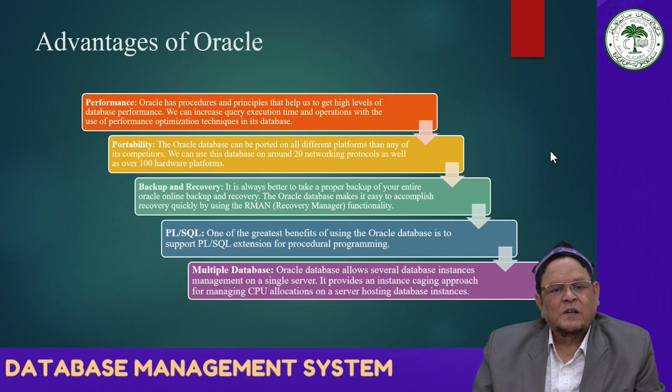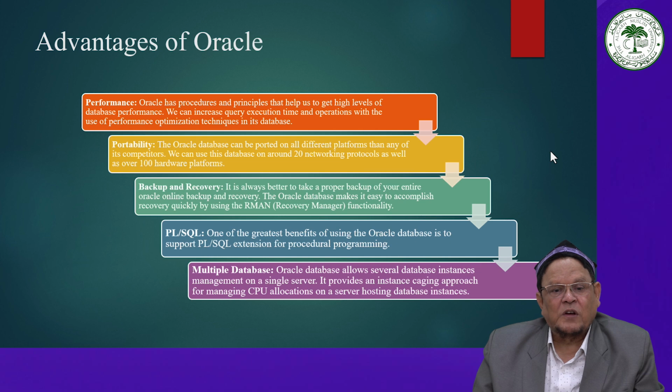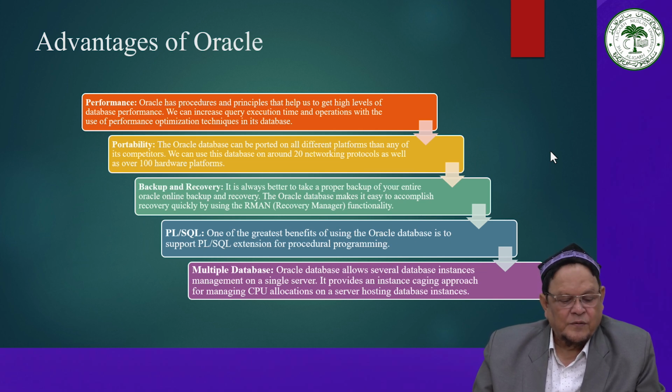Oracle has procedures and principles that help us get a high level of data performance, by which we can improve execution times. Portability means the Oracle database can be ported to many different platforms.